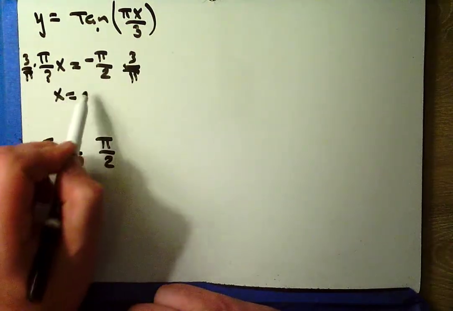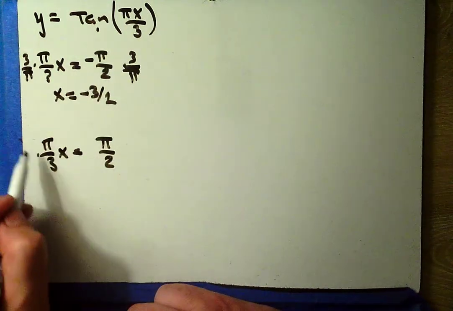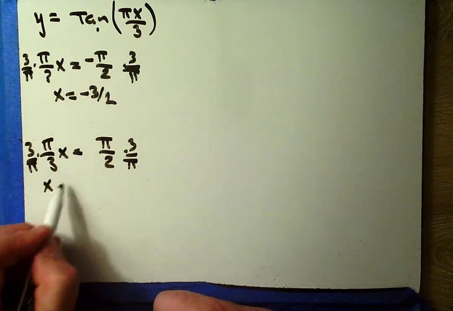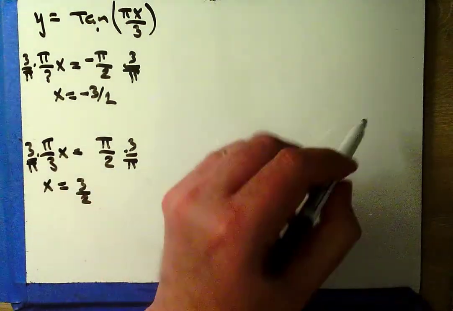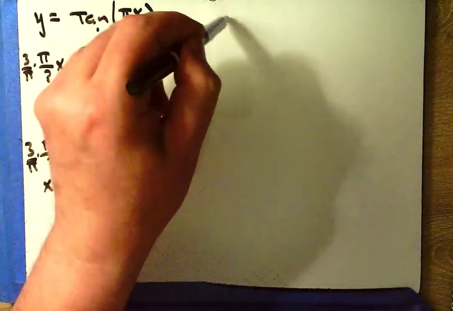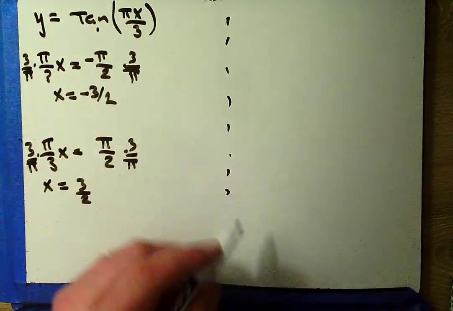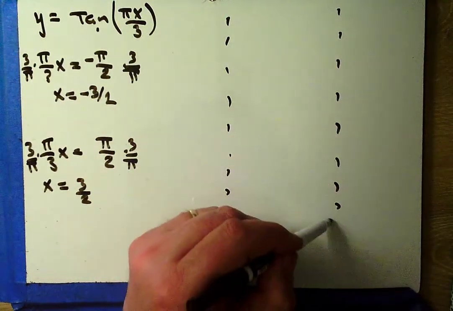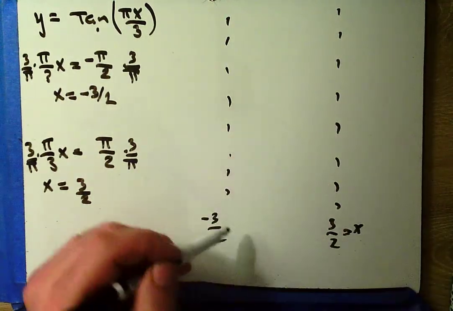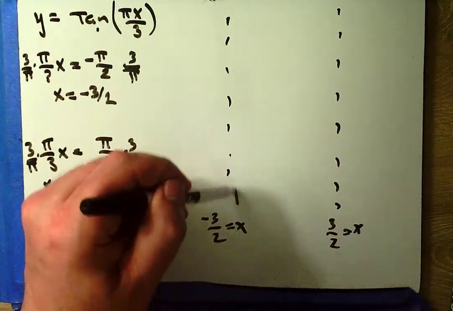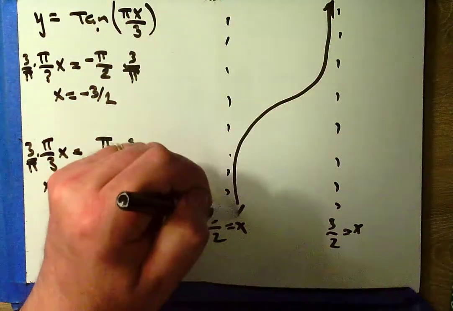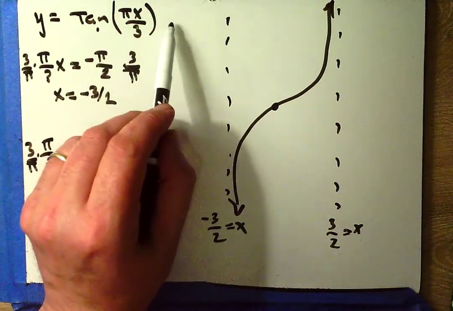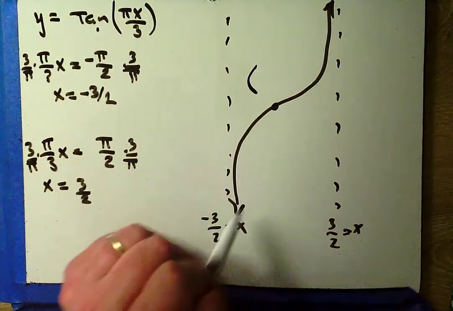I get x equals negative 3/2. And if I multiply by 3 over pi, I get x equals positive 3/2. So my graph then has a vertical asymptote here at negative 3/2 and a vertical asymptote here at positive 3/2 and the tangent graph shape, no shift up, so we know that this is just halfway.